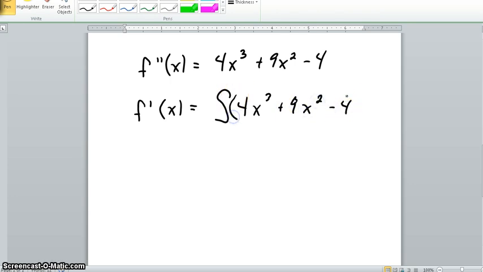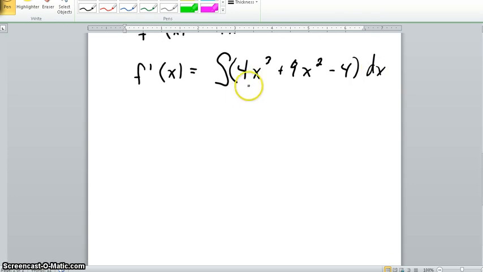I'm going to integrate this with respect to x, so I do my antiderivative on each one of these terms: x to the fourth plus 3x cubed minus 4x, of course, plus some constant, and I would need to know what that constant is.